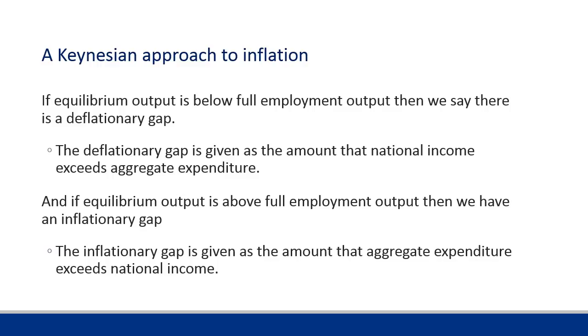That gap is given as the amount that national income exceeds aggregate expenditure. In other words, how much actual output exceeds aggregate demand. In a similar way, if we are in a boom and output is above full employment output, then there is an inflationary gap. This is probably best seen in the diagrams that follow.